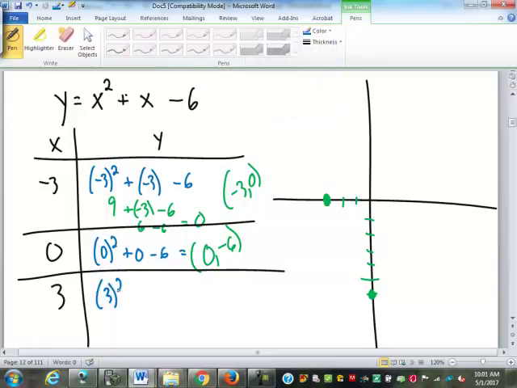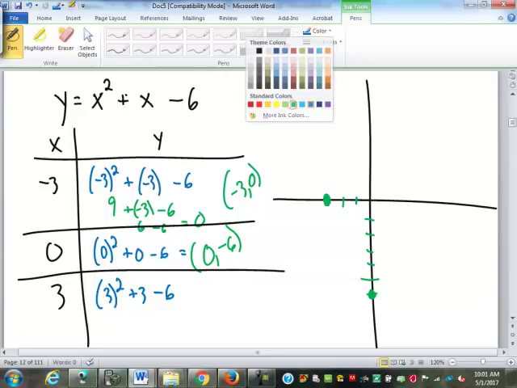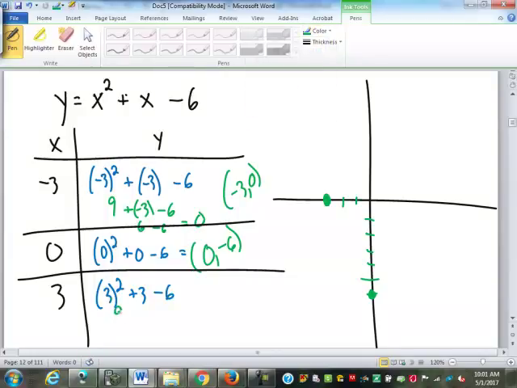So it's 3 squared plus 3 minus 6. 3 squared is 9, plus 3 is 12, minus 6 is 6. So that's a point at positive 3, positive 6 right here.